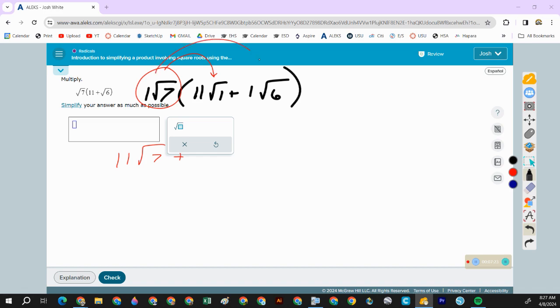Plus, multiply that in. 1 times 1 is 1, and root 7 times root 6 is root 42. And now I don't need the 1's anymore, so 11 root 7 plus root 42. I should check, does this simplify? No. There are no pairs.